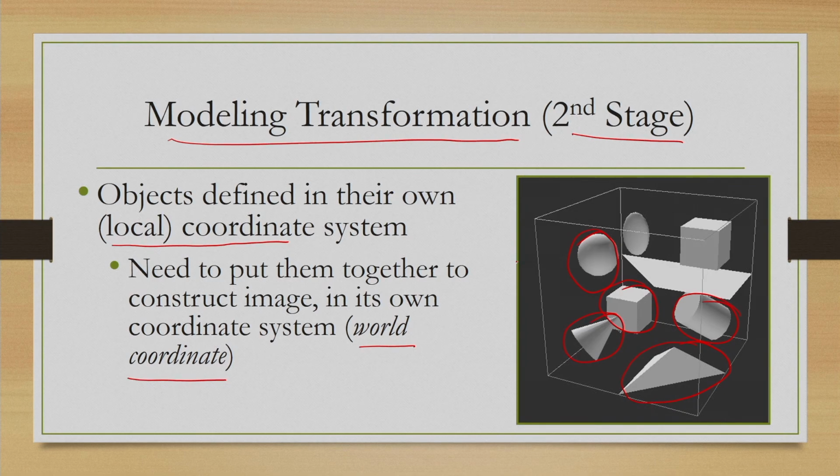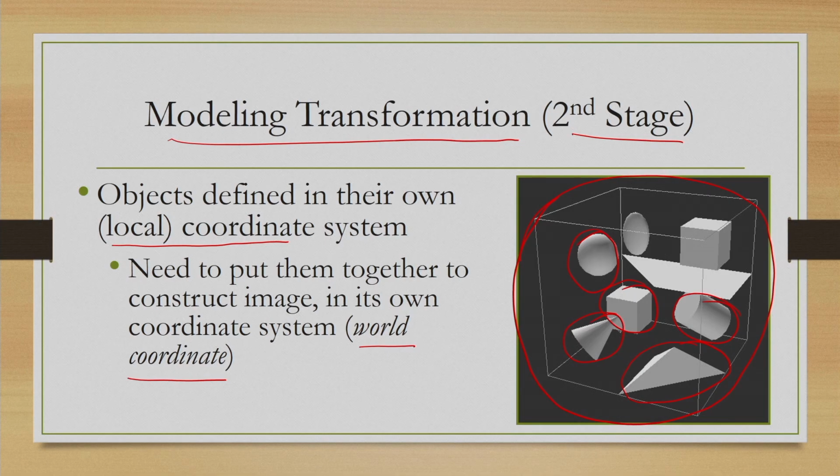Now, this is the whole scene consisting of all the objects. Here we have assembled all those objects from their own coordinate systems, but here again we are assuming another coordinate system in terms of which this assembling of objects is defined. That coordinate system where we have assembled them is called the world coordinate system.